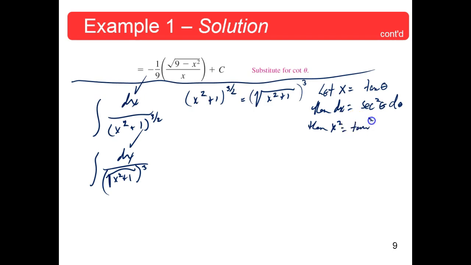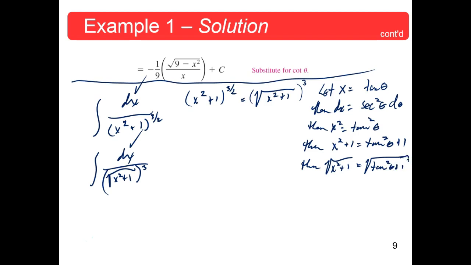Tangent squared theta. Then x squared plus 1 is equal to tangent squared theta plus 1. Just add 1 to both of those. And then we want the square root of that. The square root of x squared plus 1 is equal to the square root of tangent squared theta plus 1.